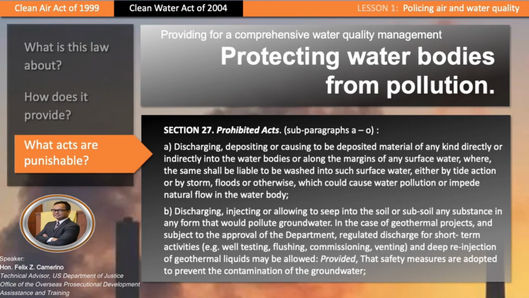Okay, so with that said, I would suggest you do the same thing that I've been asking you to do, which is to do your own exercises. Look at each and every one of the prohibited acts and see if you could, on your own, like you've been doing, determine if you can extract the elements of the offense.